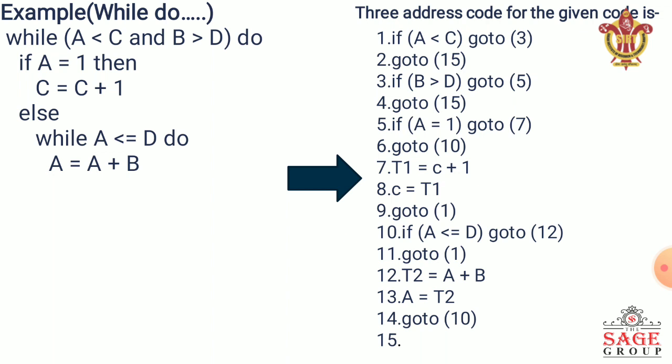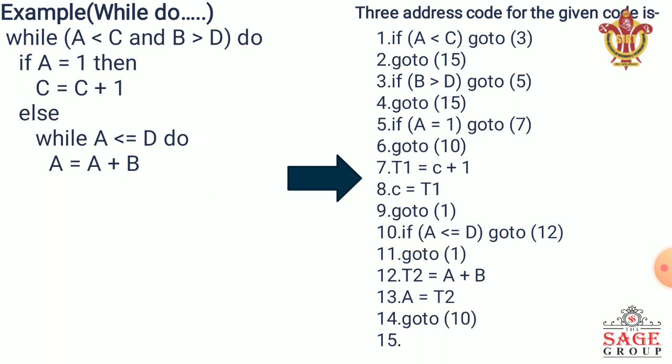So here we check if a less than equal to d, go to 12, means the condition is true, we execute a equal to a plus b. If this else condition is false, then we again check our main while loop, which is represented by statement number 1.